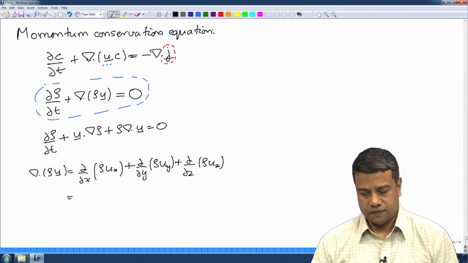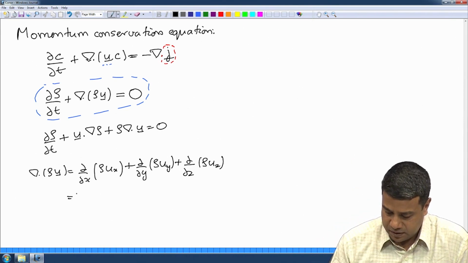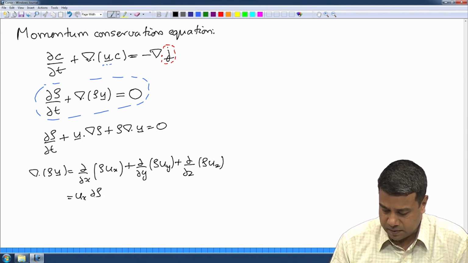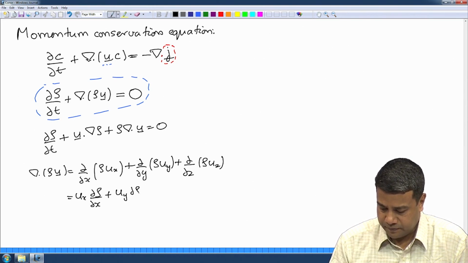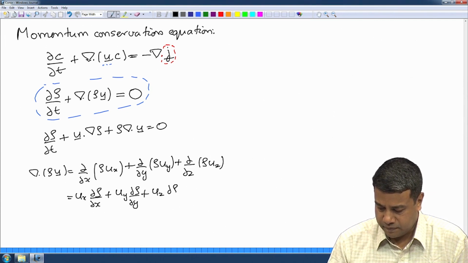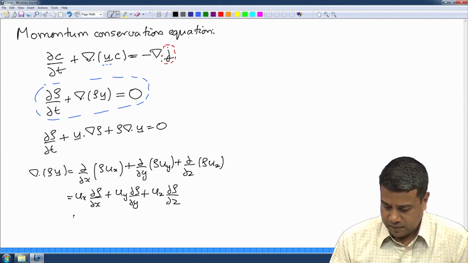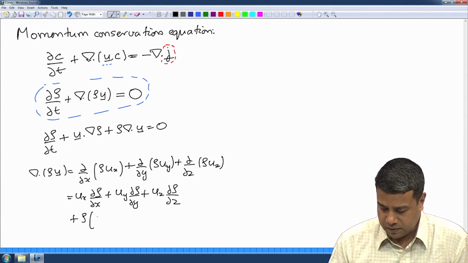So, first I will get ux partial rho by partial x plus rho into partial ux by partial x.